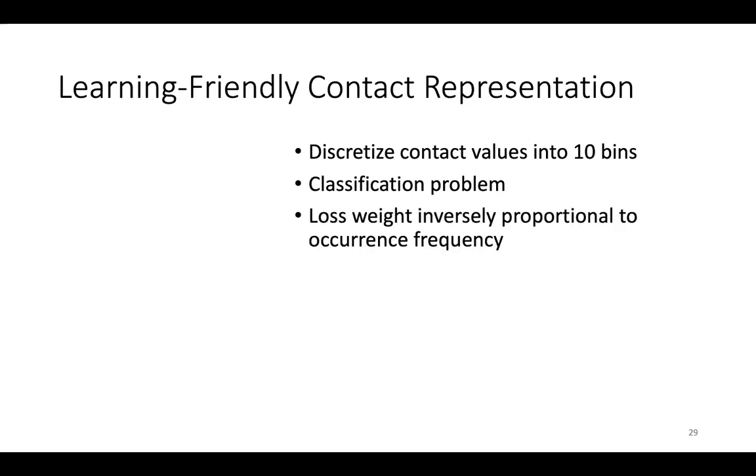So there's a skew in the data. To deal with this skew, we found that it was useful to discretize the continuous contact value into 10 different bins and then treat it as a classification problem where the penalty for misclassifying into a particular bin is inversely proportional to the occurrence frequency of that bin.